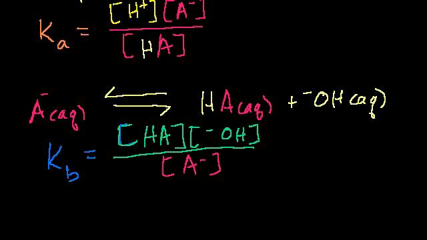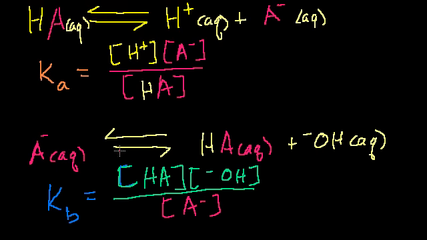So let's divide. What do we have here? We have an A minus on both sides of this. Let's solve for A minus.